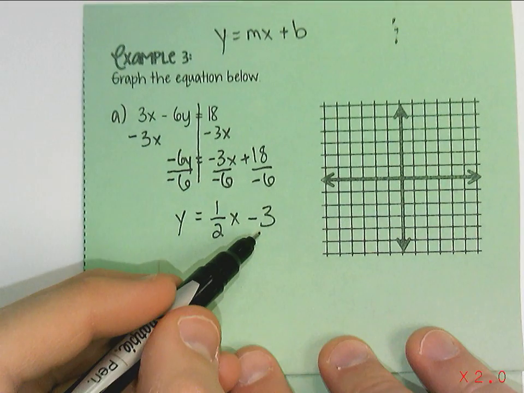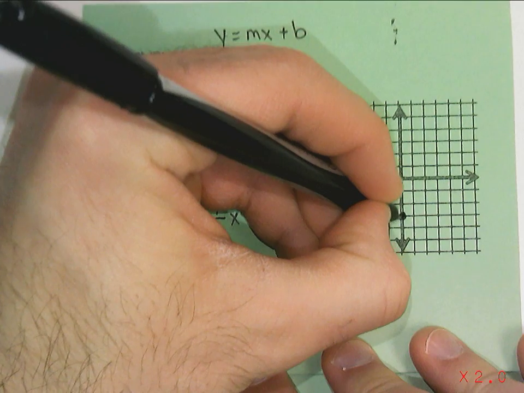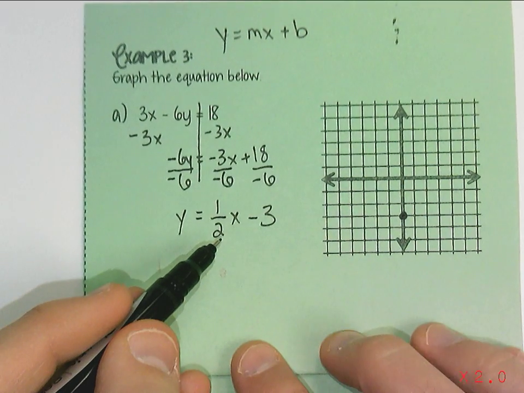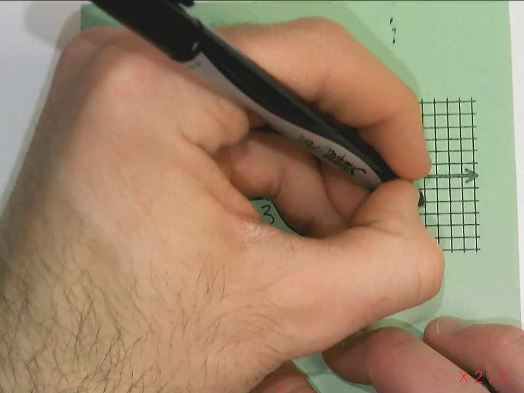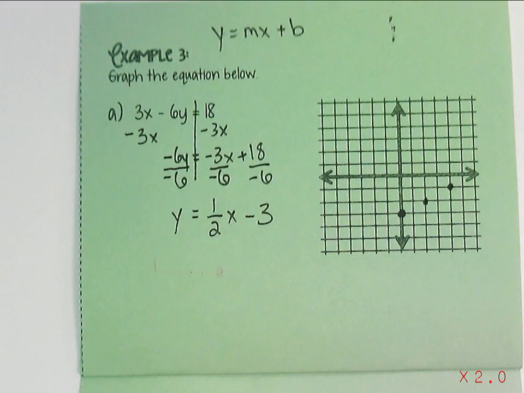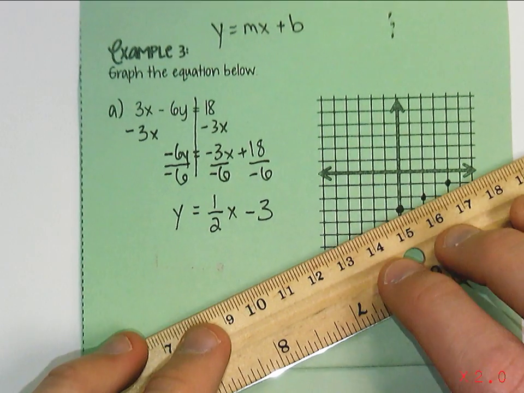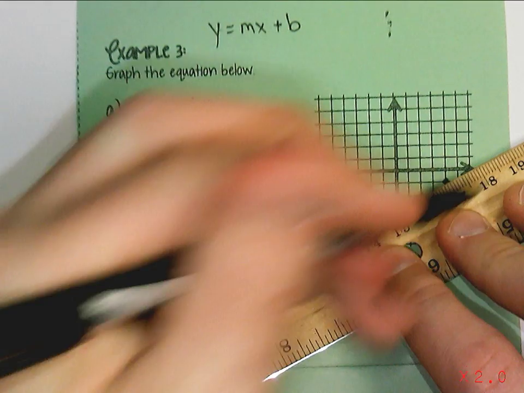So b is negative 3. I'm going to plot that on the y-axis, because that's the y-intercept. And my slope says up 1, right 2, up 1, right 2. Throw a straight edge on here and graph this puppy.